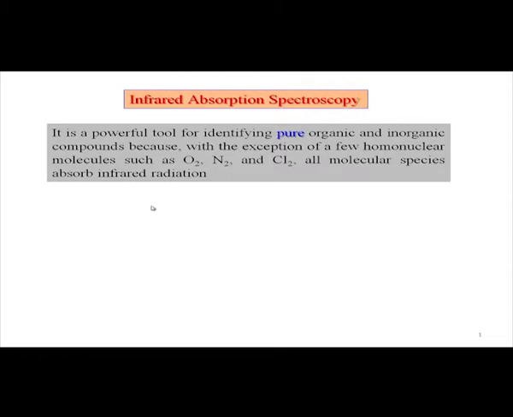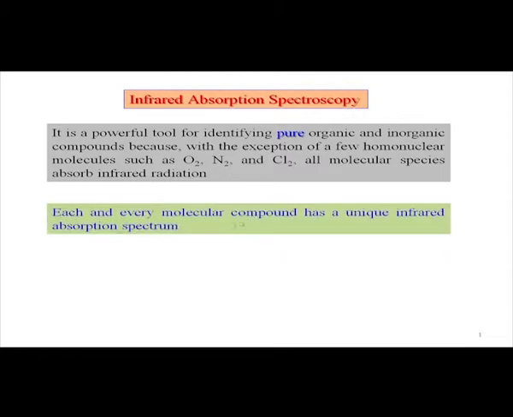Why do they absorb infrared radiation? Because each of these compounds, molecules or gases has a unique infrared absorption spectrum. Because in all these cases, if we consider that one is X, another is Y.